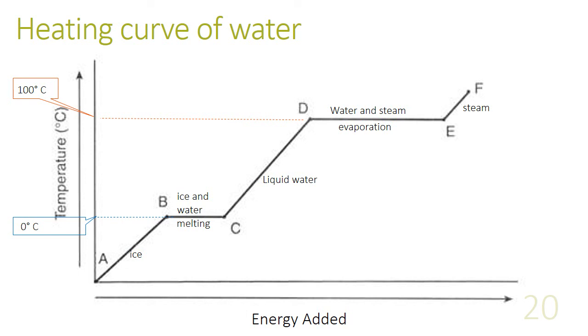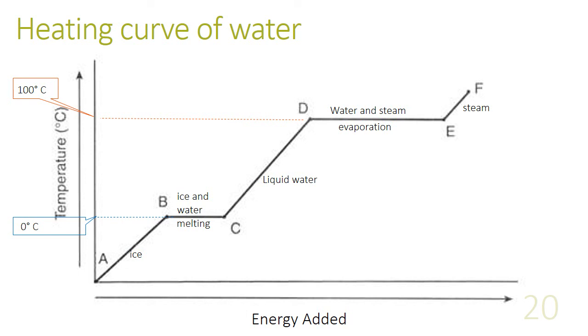But when it gets to 100 degrees Celsius, of course we know that's the boiling point of water, it will start to evaporate. At that point, the molecules are getting so fast that the attractions are even farther apart, and now you're able to break them. As you add the energy, those interactions are breaking, and so throughout from D to E, we have both water and steam.